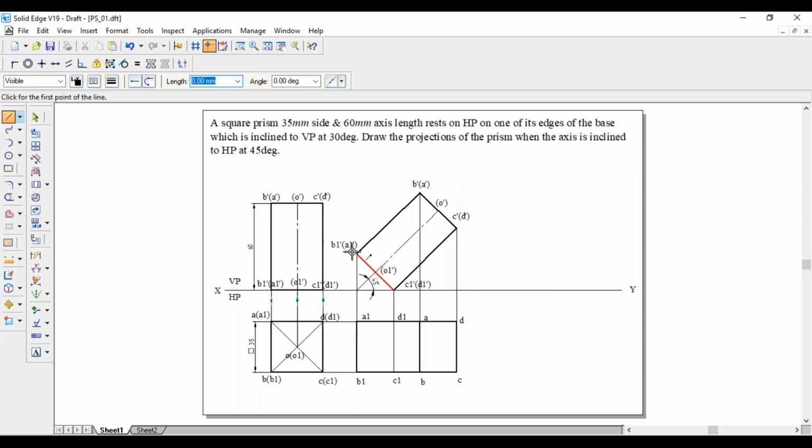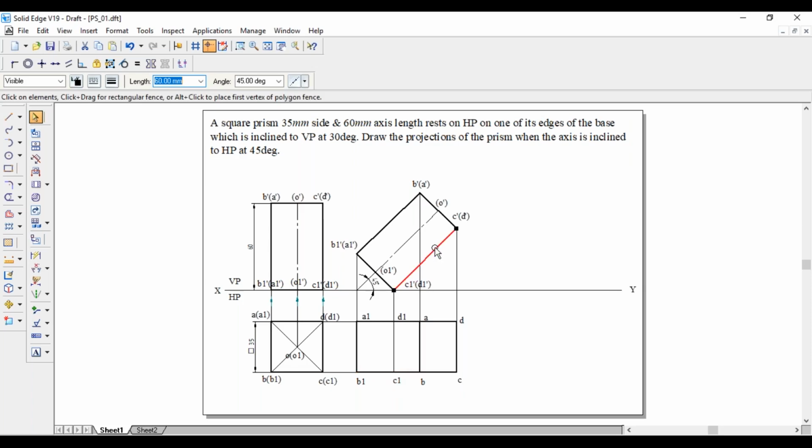Coming to the B1A1. So if you see from the top, B1 dash is here. Behind that one, A1 dash will come. That is also visible. So that is B1A1. We have drawn with the dark line. Whereas C dash C1 dash, this edge, whatever you are seeing, it is away from the observer. That is C1, away from the observer.